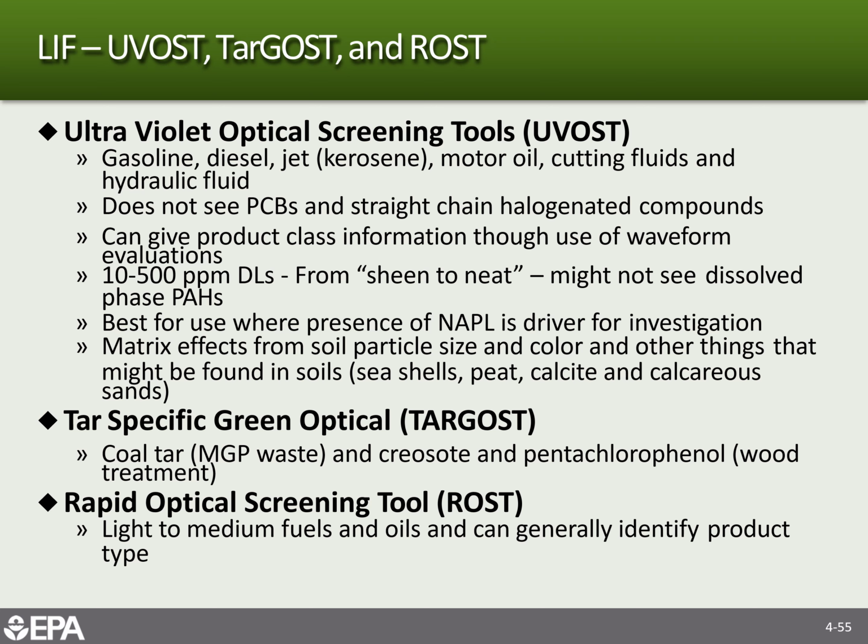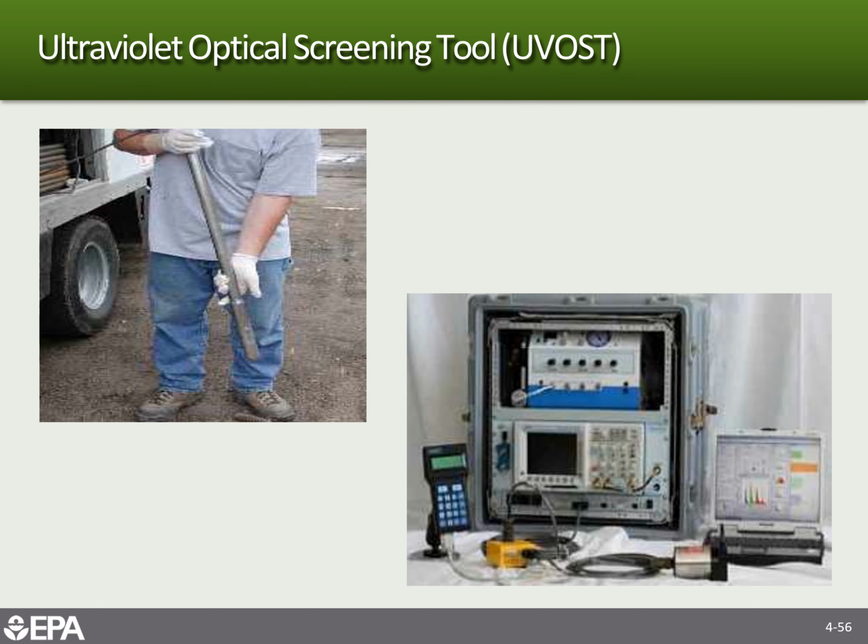There's the UVOST that works on mostly petroleum products. The Tarr-Gost, which works on creosote, and the rapid optical screening, which works on fuels and oils. And their website's got a lot more of this information on it, but just understand that, once again, there's a tool.